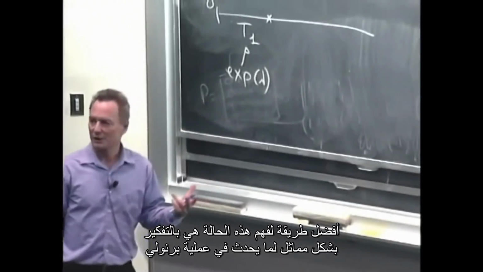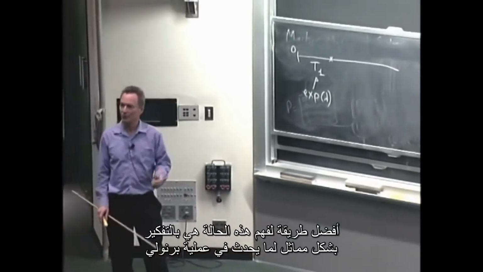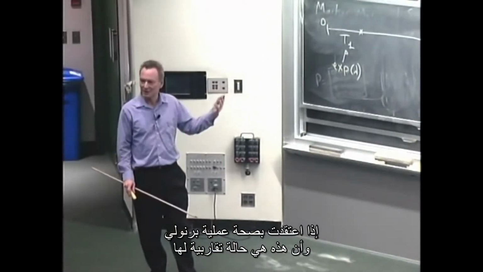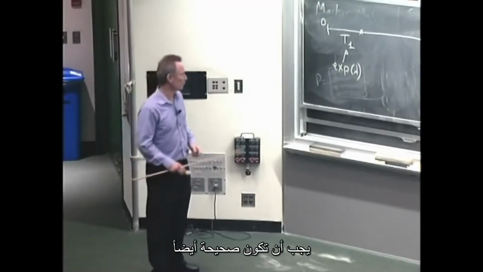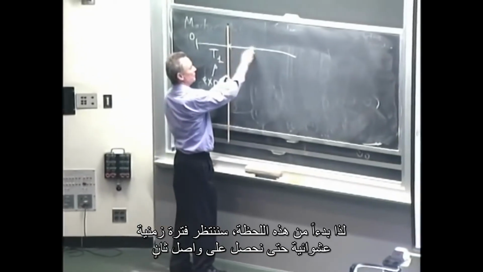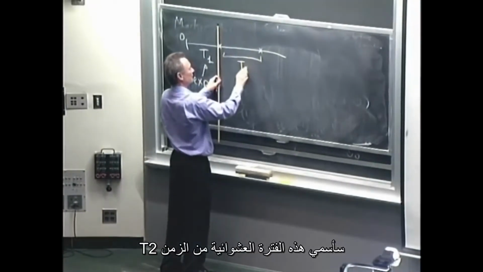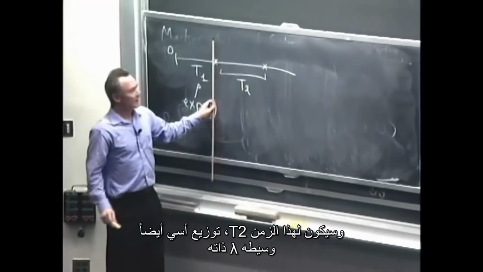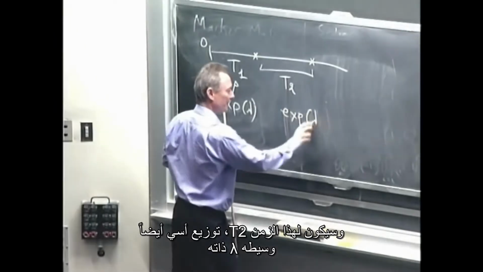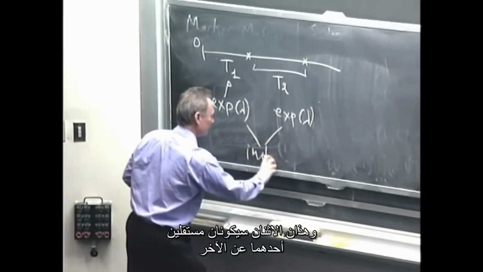The best way to understand why this is the case is by thinking in terms of the analogy with the Bernoulli process. If you believe that statement for the Bernoulli process, since this is a limiting case, it should also be true. So starting from this time, we're going to wait a random amount of time until we get the second arrival. This random amount of time, let's call it T2. This time T2 is also going to have an exponential distribution with the same parameter lambda, and these two are going to be independent of each other.